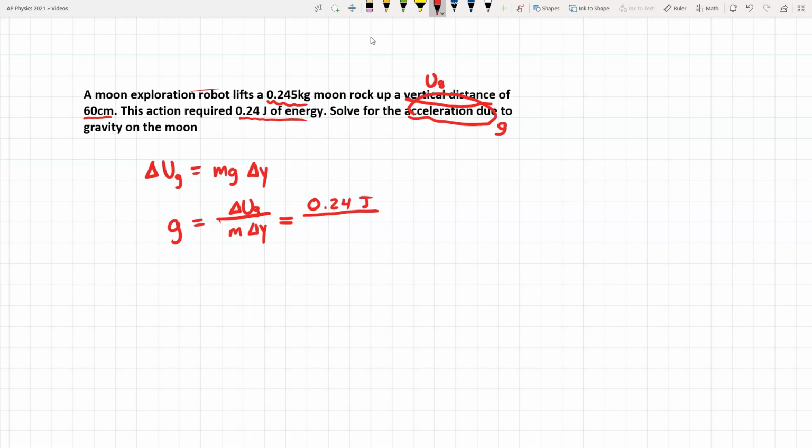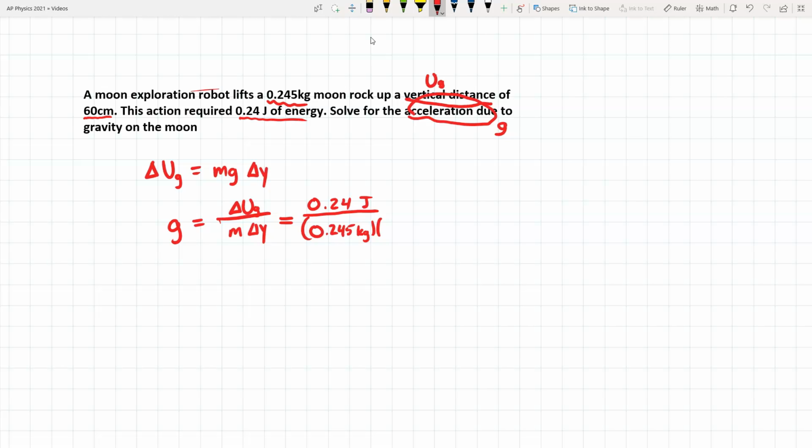I know the mass was 0.245 kilograms. And the change in height was 60 centimeters.